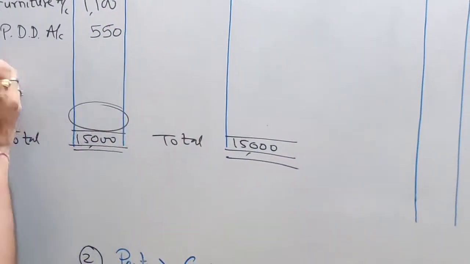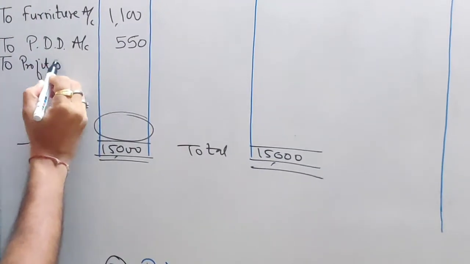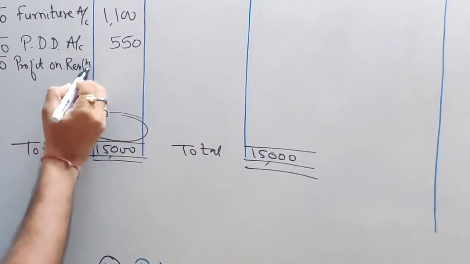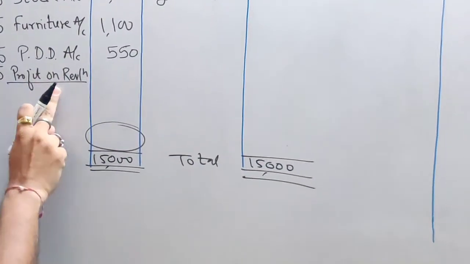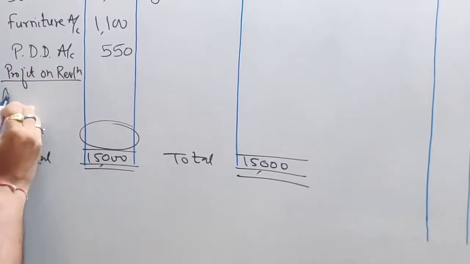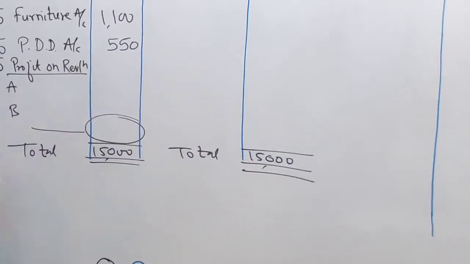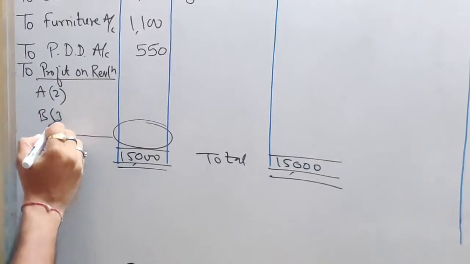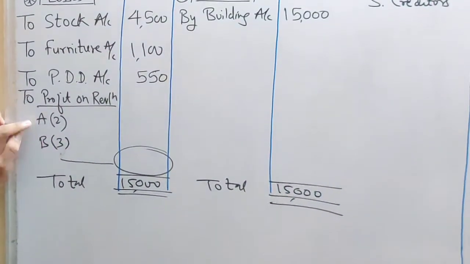And if you are getting the difference here, you will write it as profit on revaluation, and you will divide this profit between old partners A and B in the ratio 2:3.